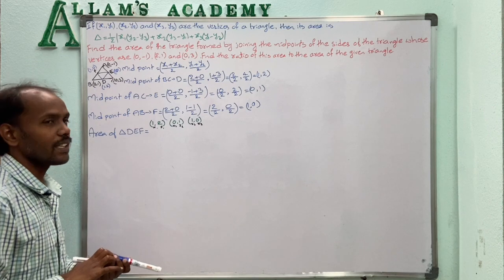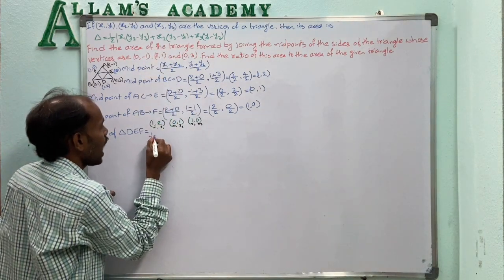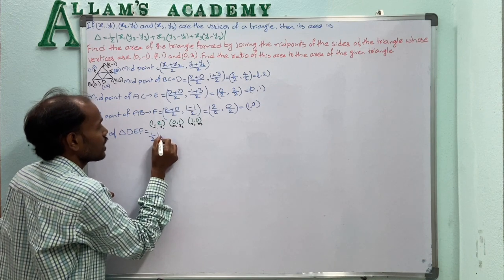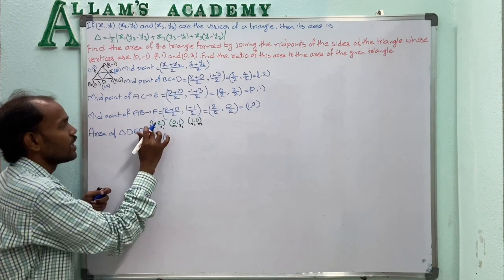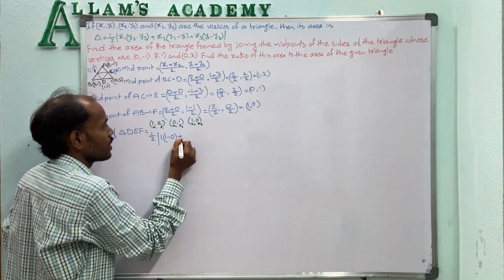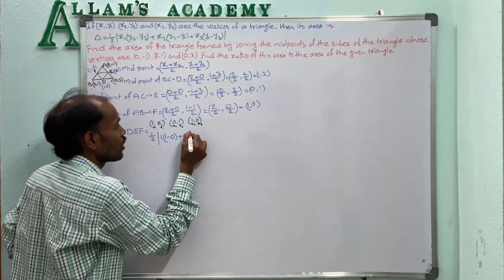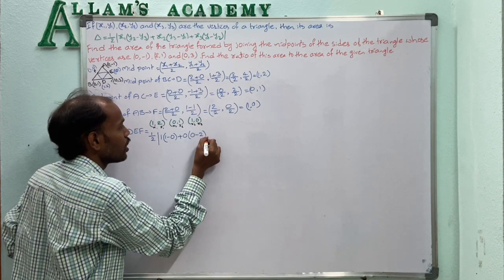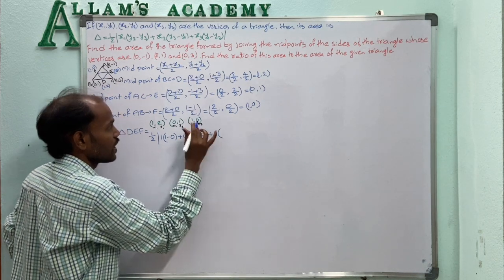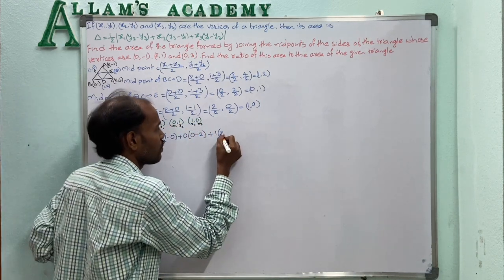Substituting, half mod of 1 into (1 minus 0) plus 0 into (0 minus 2) plus 1 into (2 minus 1).